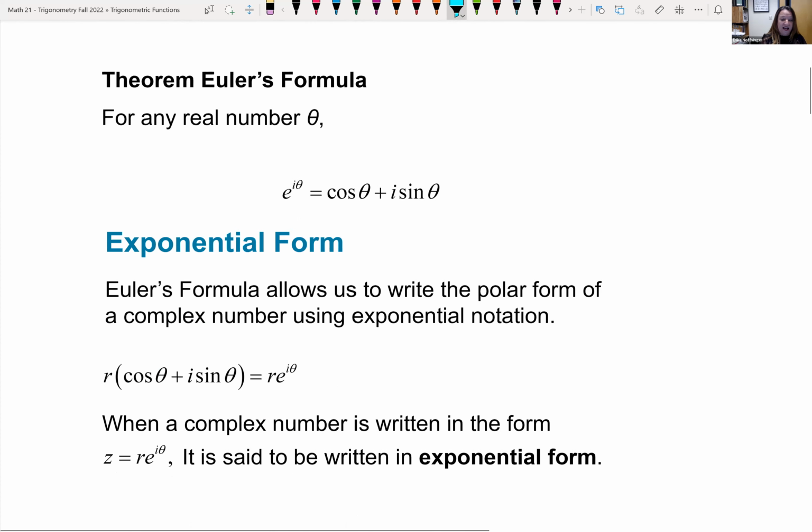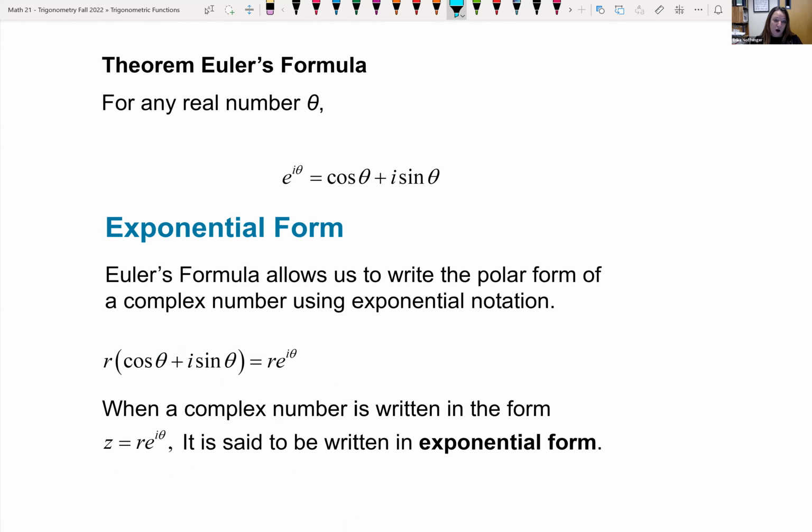We saw that Euler's formula helped us rewrite a complex number in polar form and exponential form. Euler's formula says that e raised to the i theta is equal to cosine theta plus i sine theta.